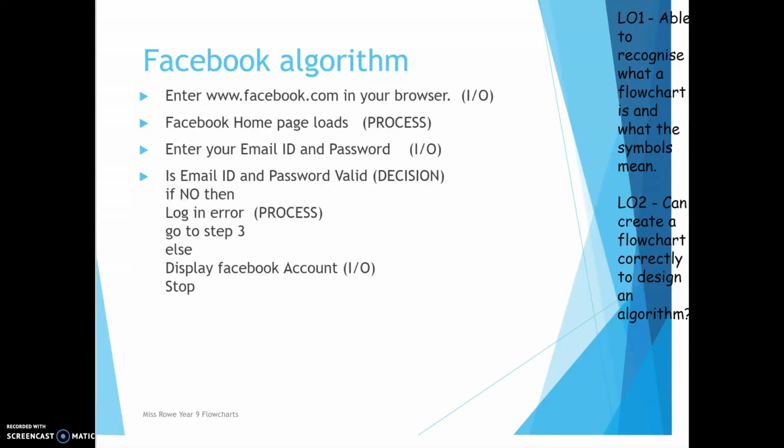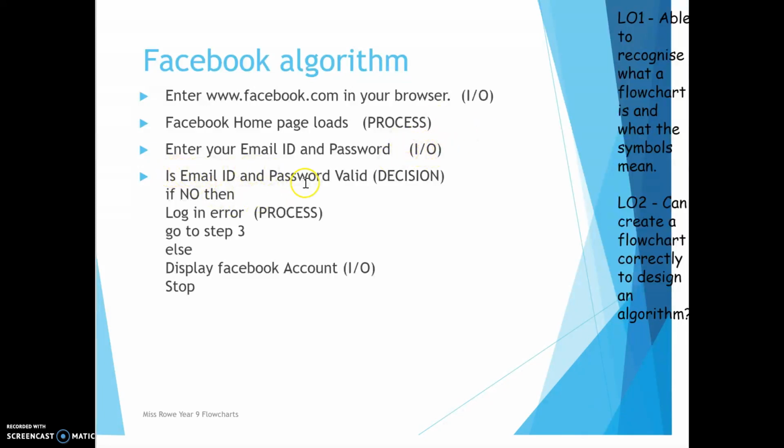So you all did the social media task. So Facebook algorithm would be, and some of you chose Instagram. So enter facebook.com in your browser, which is the input. Facebook homepage loads, it's a process. You enter your email ID and password, input, or output, obviously.